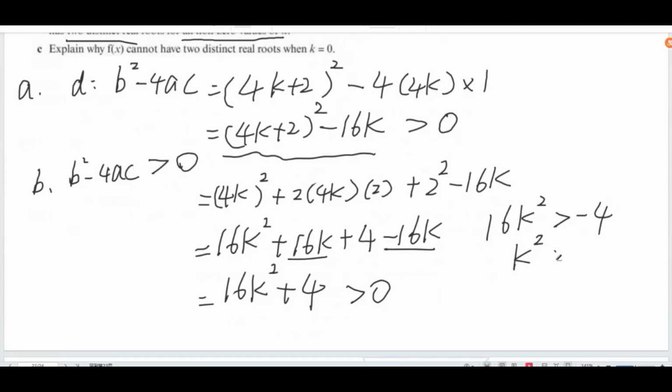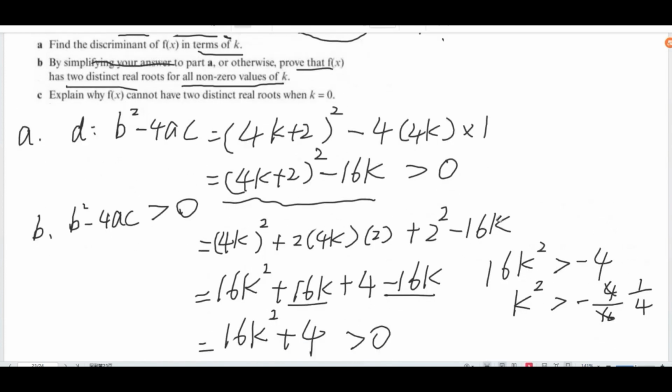k squared will be, 4 is 4, 16 can be divided by negative 4, so k squared greater than negative 1 over 4.